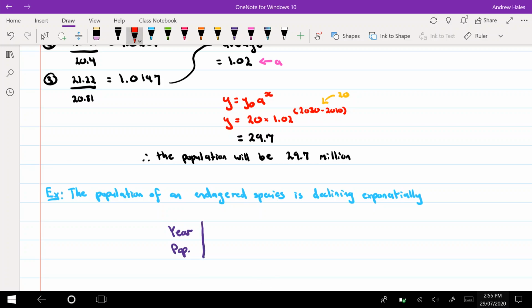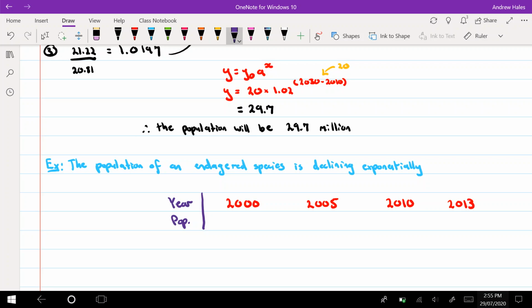Okay. And we'll go 2000, 2005, 2010, 2013. And then underneath 5760, 4460. So you can see we are going to be getting smaller, and 2960. And then I'll just draw a line.